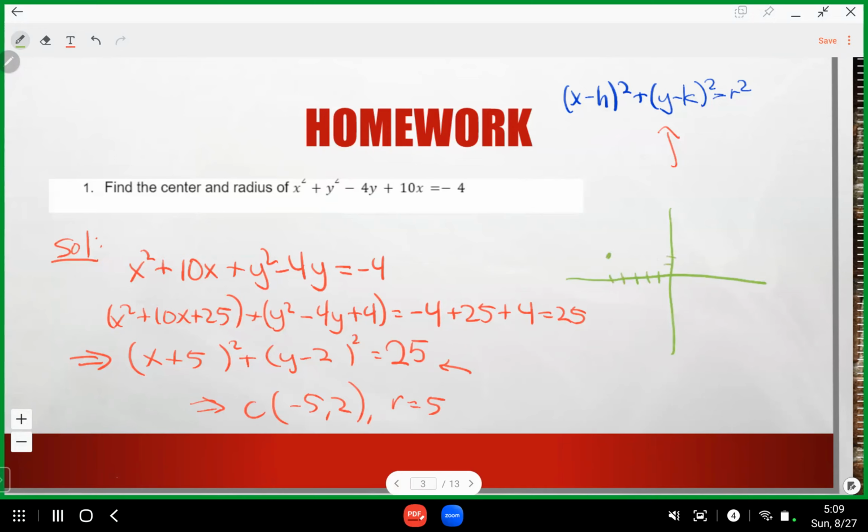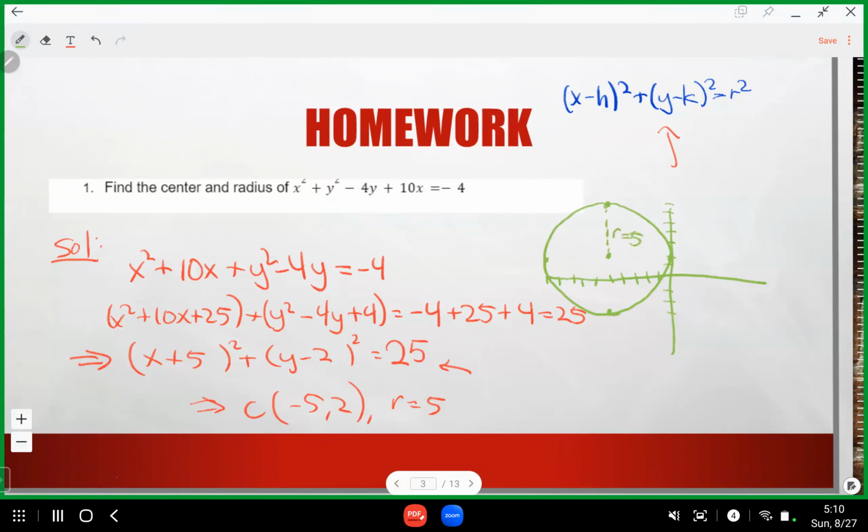And it so happens that the radius is also 5. So there's going to be a point here. If you go 5 more to 10, there's going to be a point here. And a point here. You can draw your little circle. That's basically the circle, right? And the radius is 5 here.